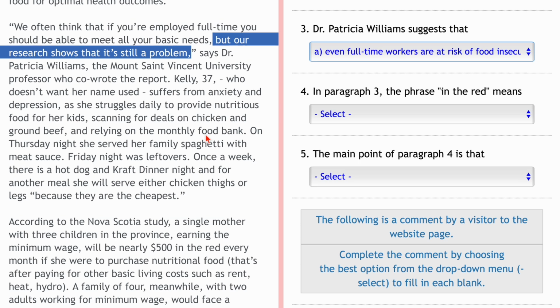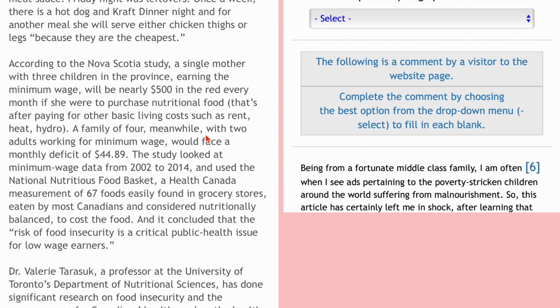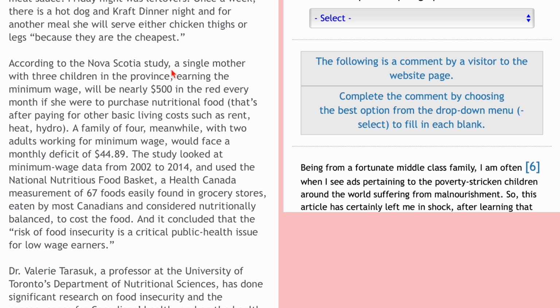So let's see here the next paragraph. According to the Nova Scotia study, a single mother with 3 children in the province earning the minimum wage will be nearly $500 in the red every month if she were to purchase nutritional food after paying for other basic living costs such as rent, heat, and hydro.